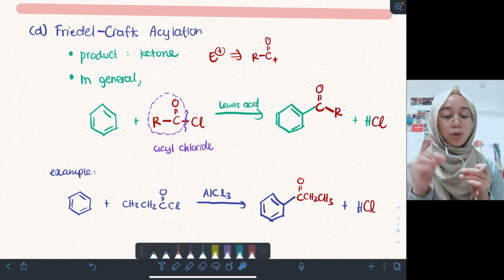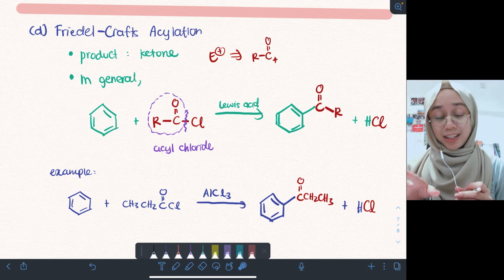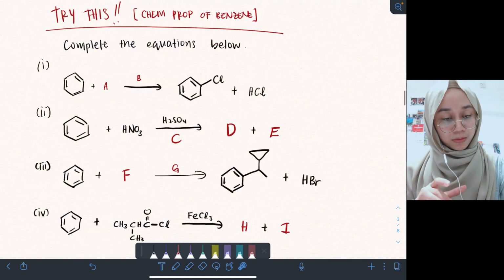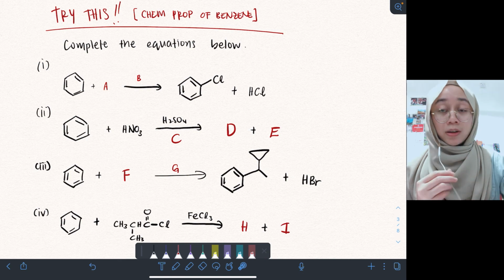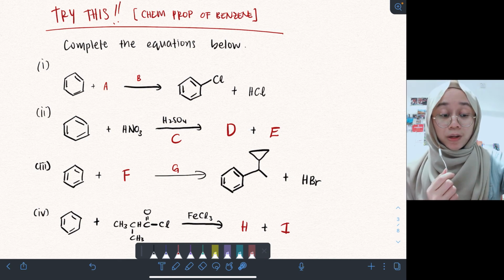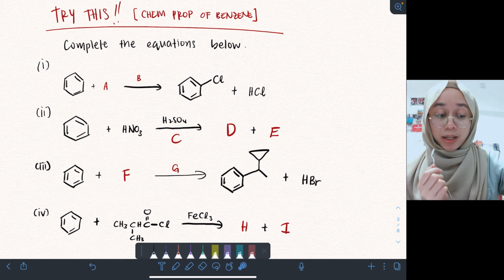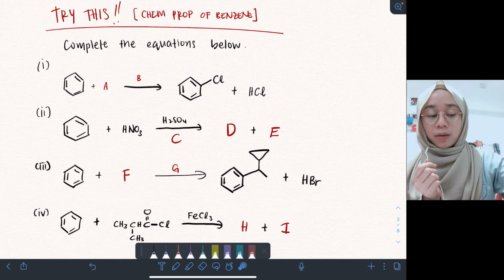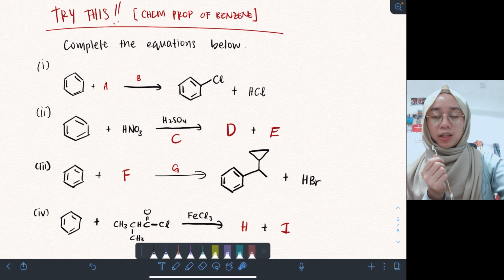Okay, so last part, try this. Okay, so I'm gonna give you the question now. Okay, so this is a try this question class. So try this, complete the equations below. So try to identify apa dia A, B, C, D, E, F, G, H, I tu.